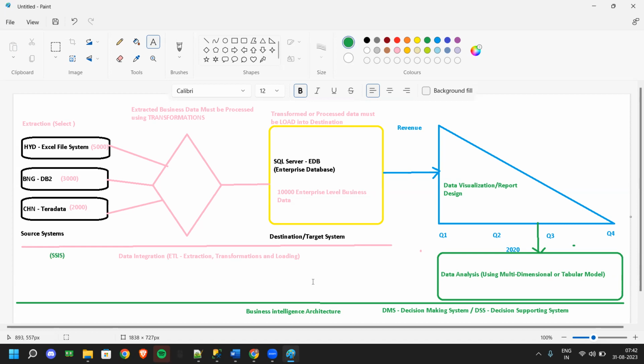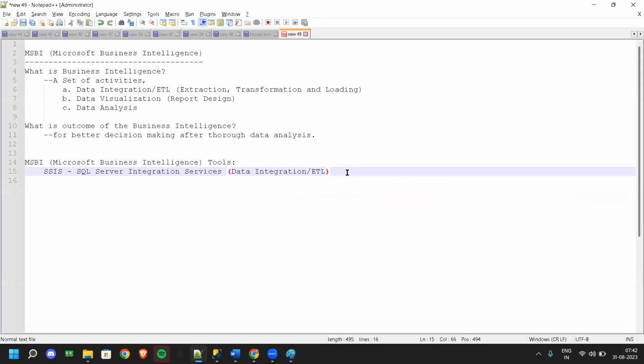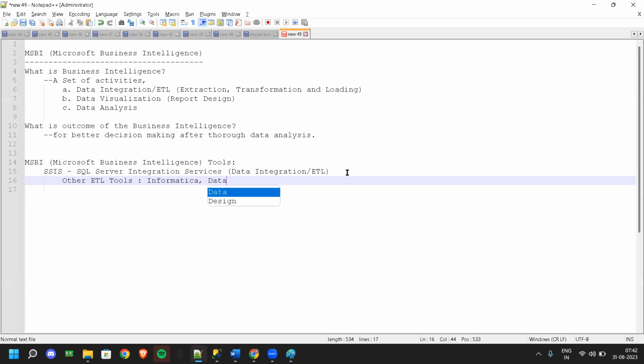No, sir. Right. And the next one is, what are the other ETL tools available in the market, from different vendors? Informatica, DataStage, Ab Initio, BODS, ODI, Pentaho, Talend, Alteryx, Snowflake.